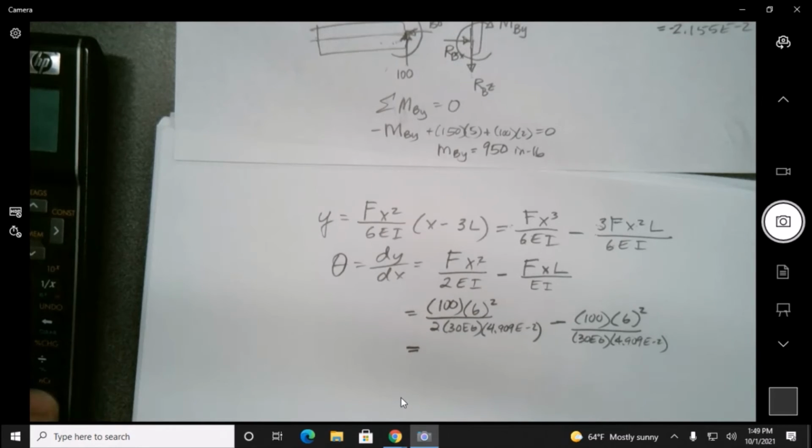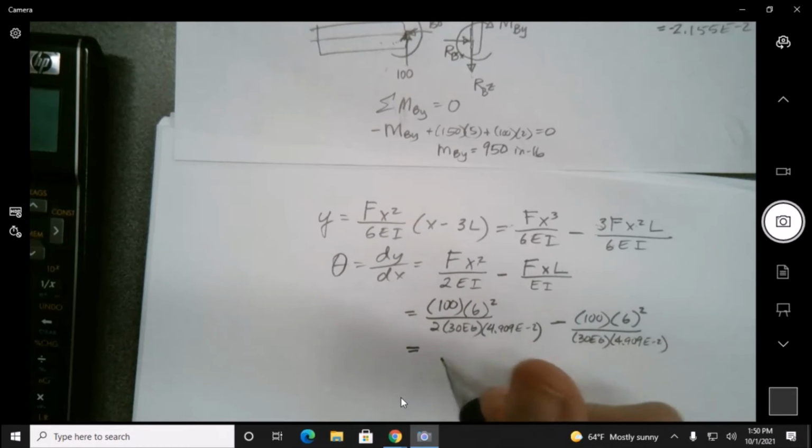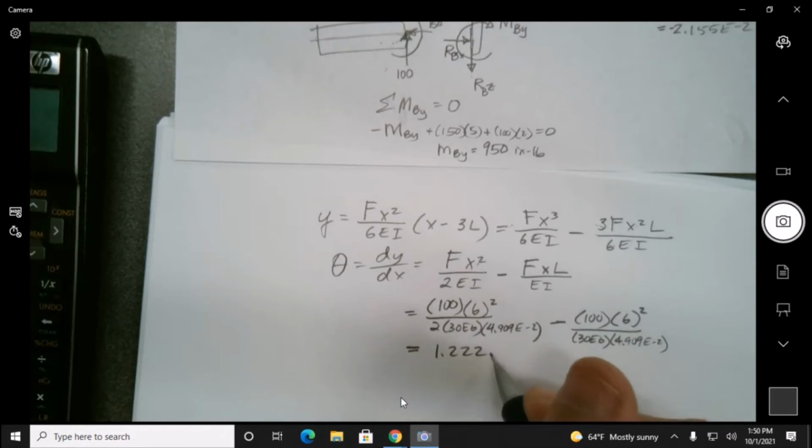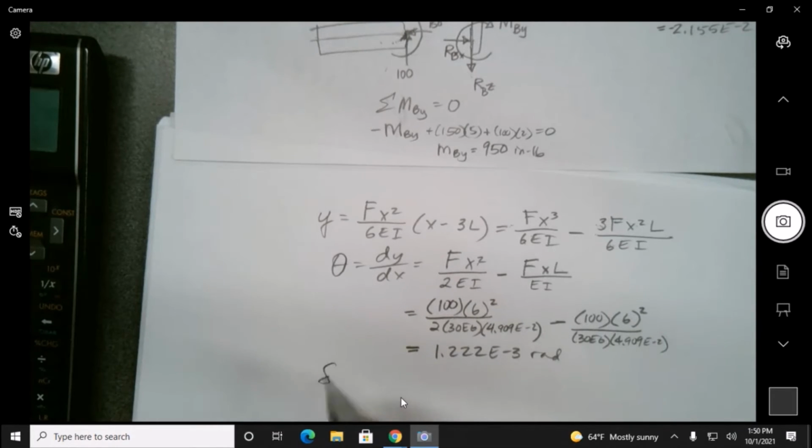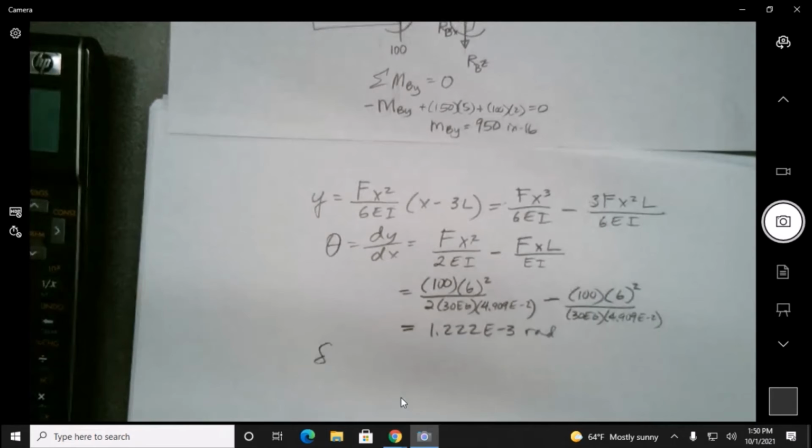36 times 100, divided by 4.909 e minus 2, gives 1.222 e minus 3 radians. But now the deflection is going to be equal to LBC times that.